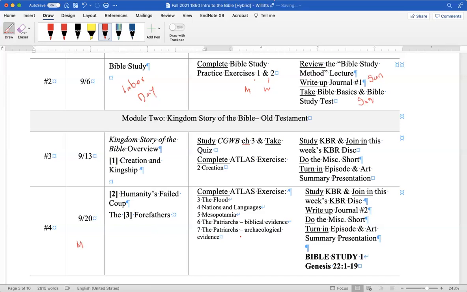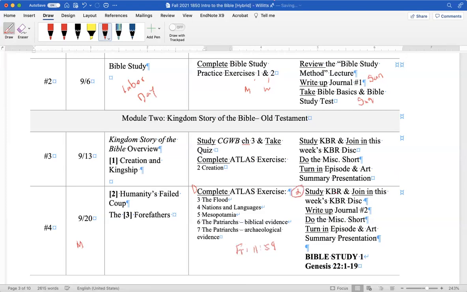So whenever you have multiple exercises in a week, you put them all together in one assignment document. Make sense? So by Friday at 11:59, you will have to submit the Atlas exercises. So that's one.